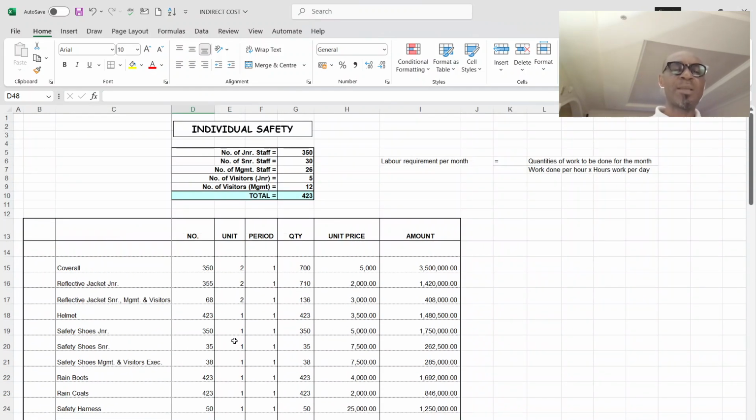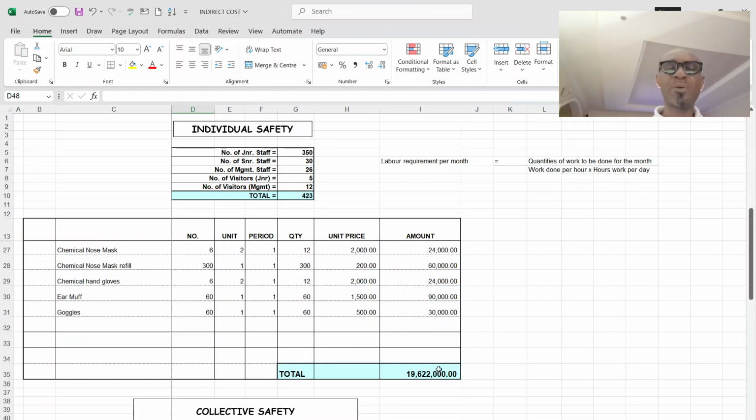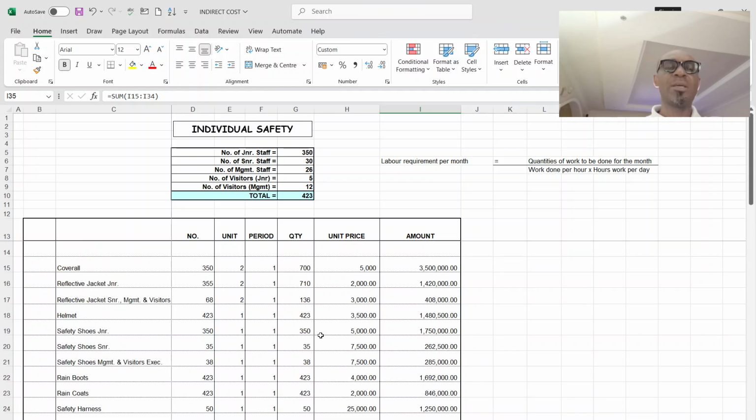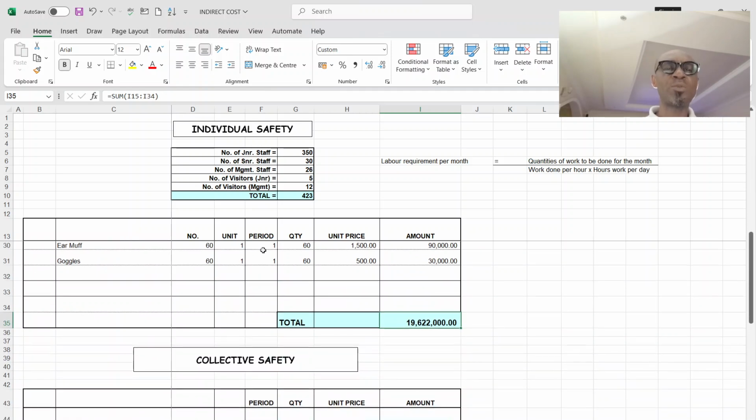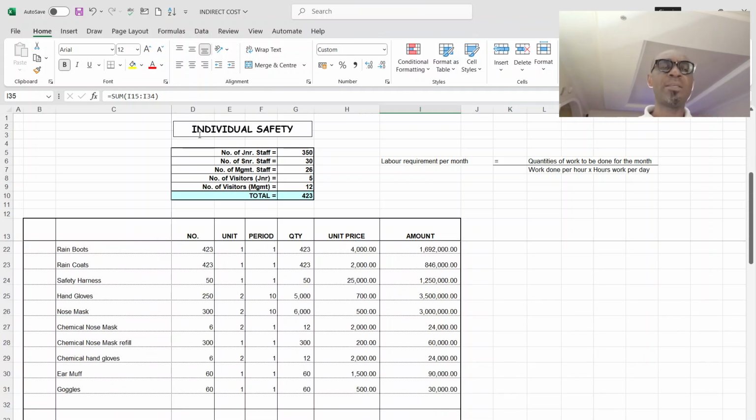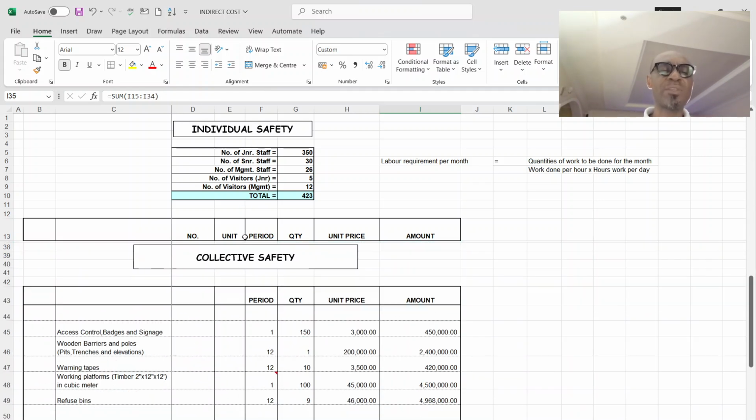the sheet proper where I've done some analysis on how I came up with the figure 19 million. I divided the safety component into two, where I have one as individual safety and the next as collective safety.